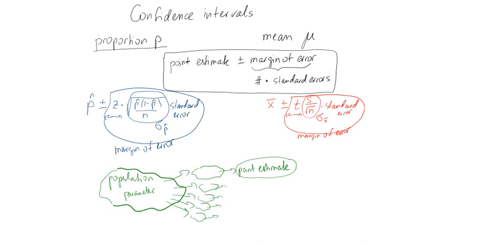All of these point estimates create unique sampling distribution of that point estimate. So in this case we're using p-hat distribution.